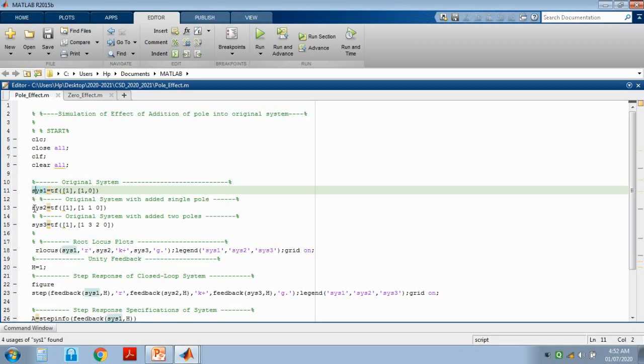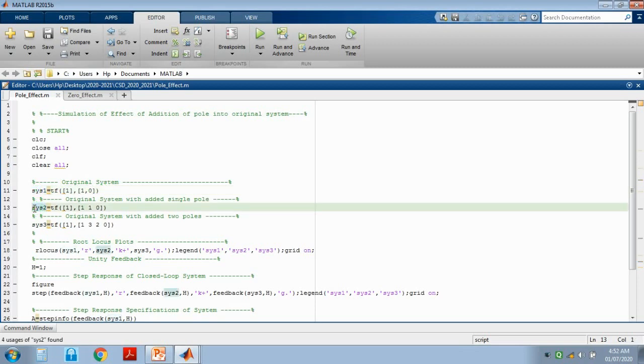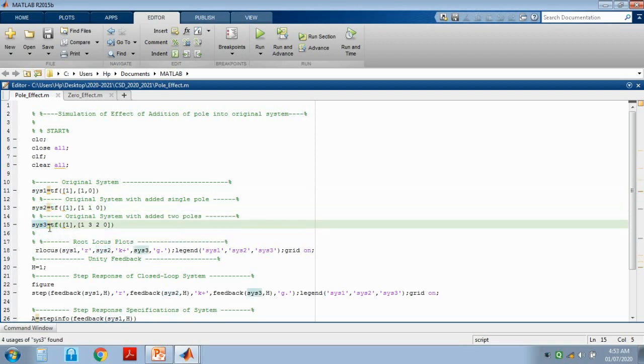So this is for system 1. The second transfer function is K times 1 upon s into (s plus 1). It is entered in terms of the variable system 2 by using the transfer function command in line number 13. Similarly, the third plant, G(s) equal to K times 1 upon s into (s plus 1)(s plus 2), will be the third order system with transfer function command as given in line number 15.